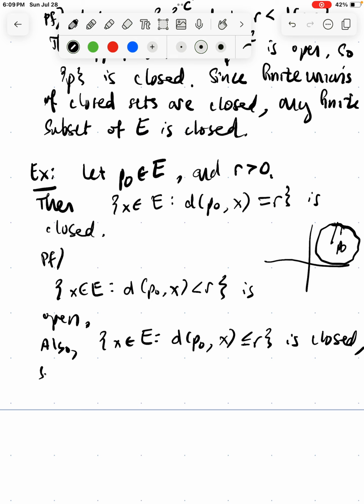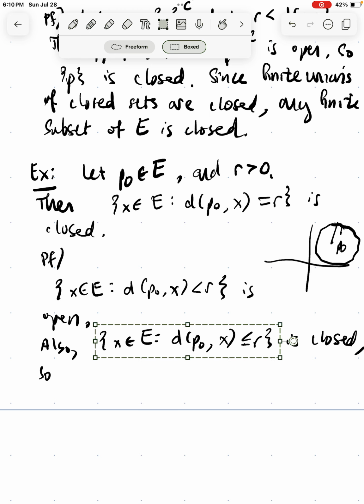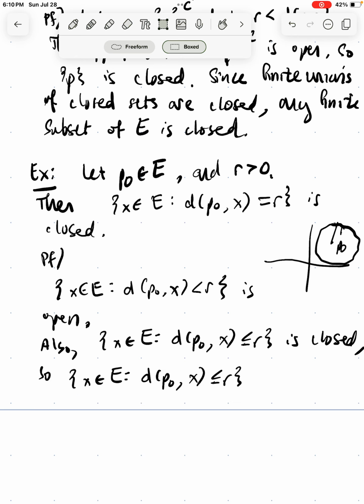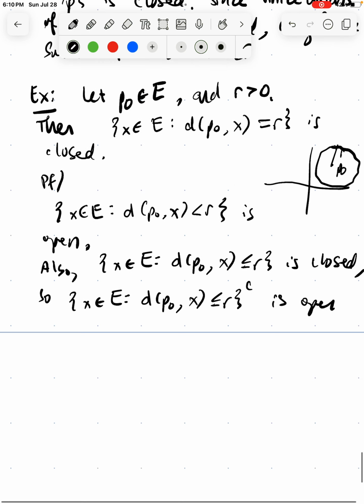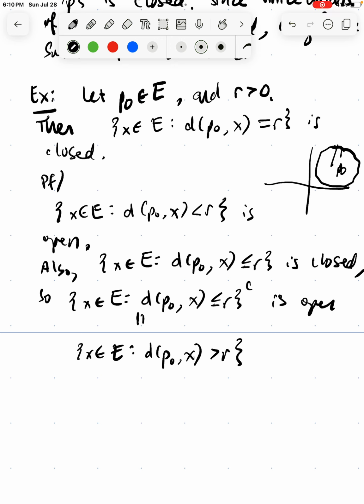And so therefore the complement of this set is open. Well, that is precisely the set of elements X in E whose distance to P naught is greater than R. So you know that the elements whose distance to P naught is greater than R is open, and you know that the set of elements whose distance to P naught is less than R is open.